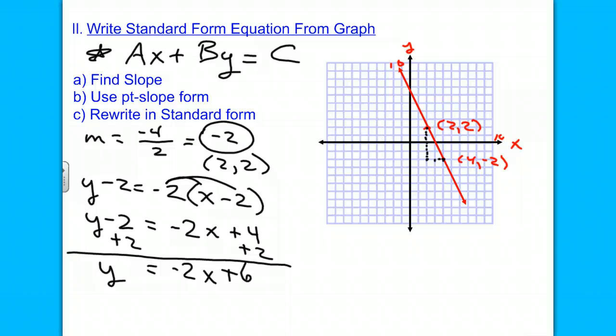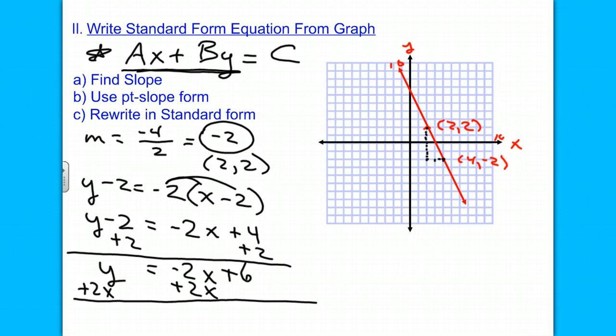We're going to have to move the x term to the other side of the equation. Do you see that? Because the x and the y terms are both on the left side of this equation. So how can we move it over? Good. Add 2x to both sides. And now you can say it in standard form: 2x plus y equals 6. There you go. Yay. Okay. Transformed all the way to standard form.